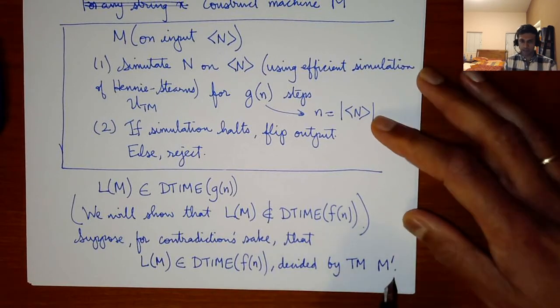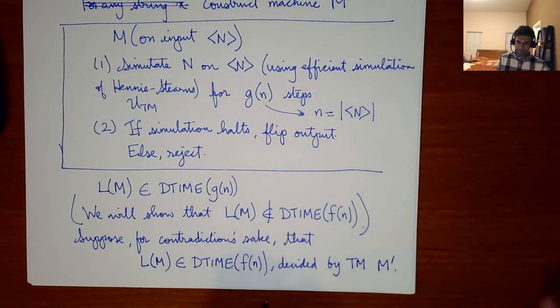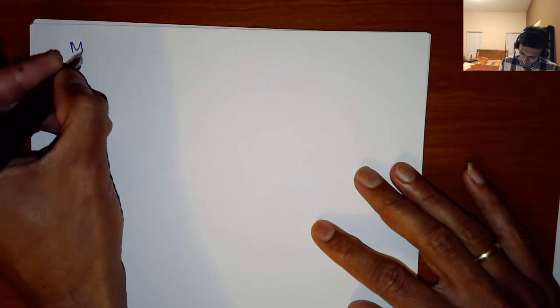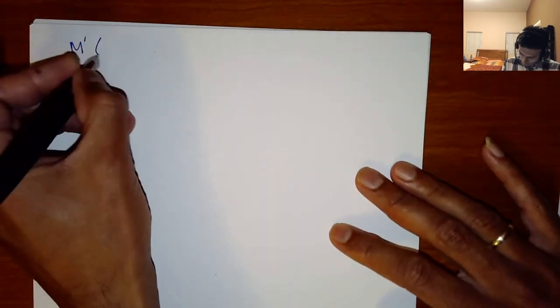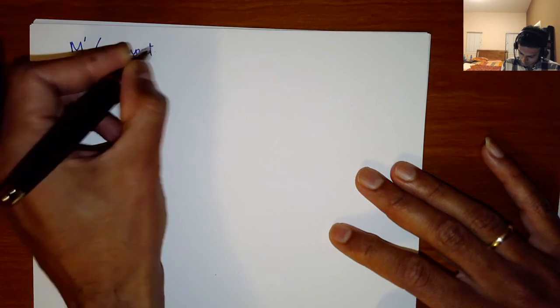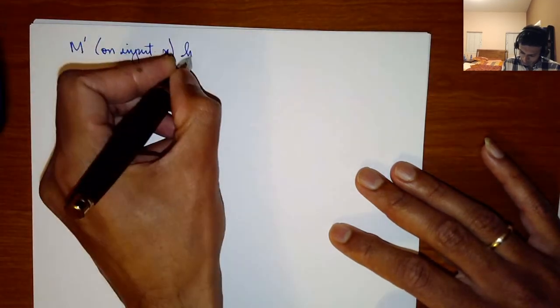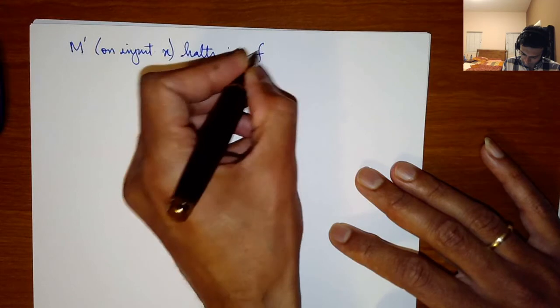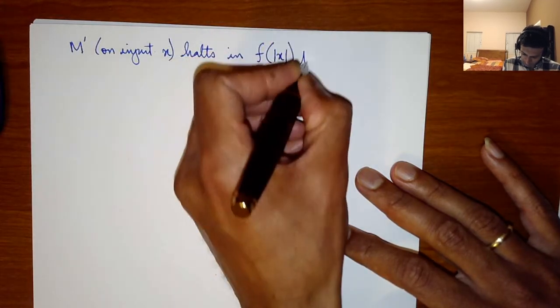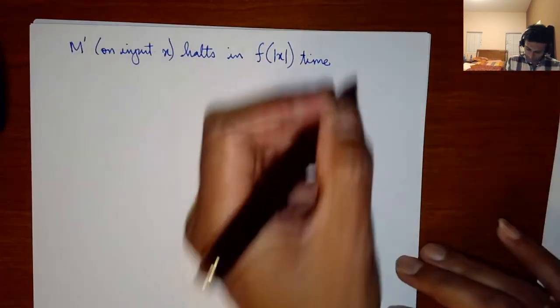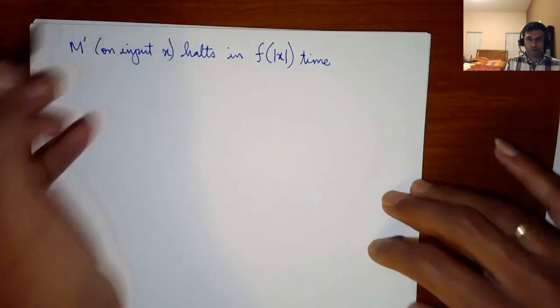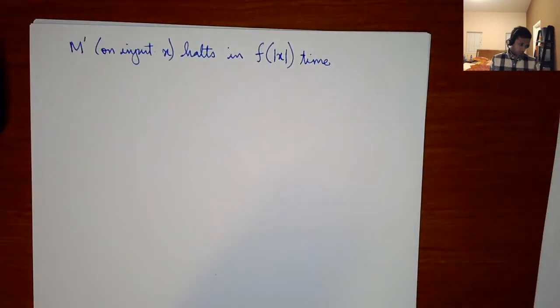So there's some M prime that runs in f of n time. Now let's look at the properties of M prime. M prime on input x halts in f of x time, for all x. For all inputs x, it's going to have this property.